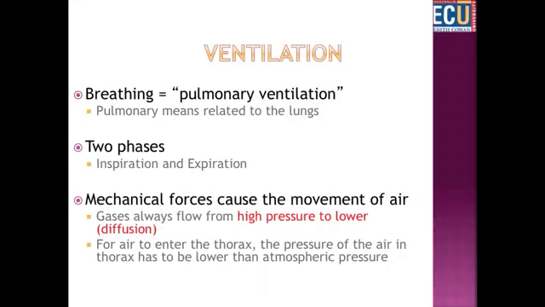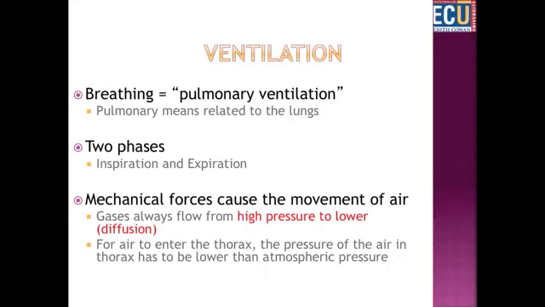So remember, there's two phases: inspiration and expiration. There's mechanical forces which cause the movement of air, which come into the lungs and outside of the lungs. And the mechanical forces are your diaphragm contracting and your intercostals and all the other muscles that are required to perform inhalation and exhalation. But you also have obviously a high pressure to low pressure gradient. So we know that gases, when you put them in the atmosphere, they always flow in the direction from high pressure to areas of low pressure.